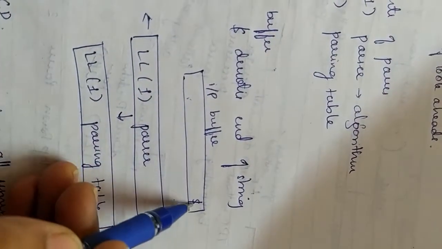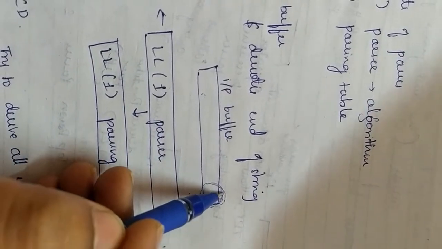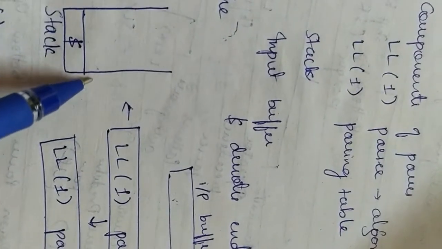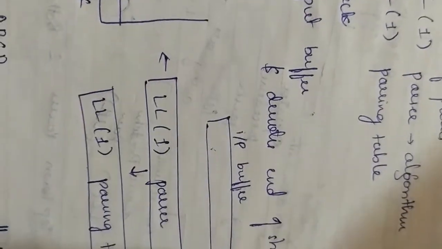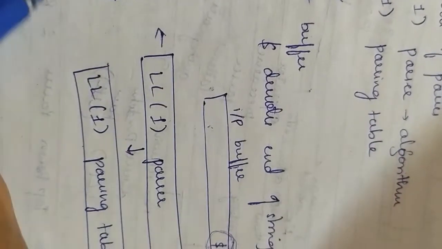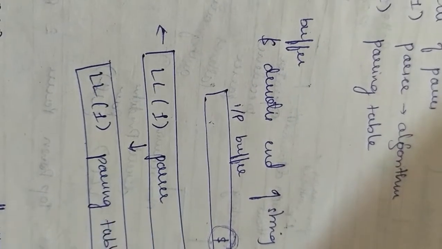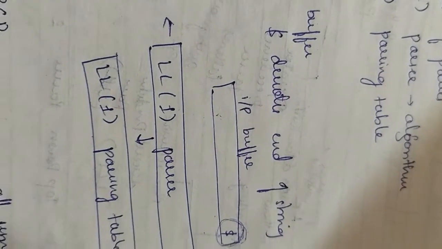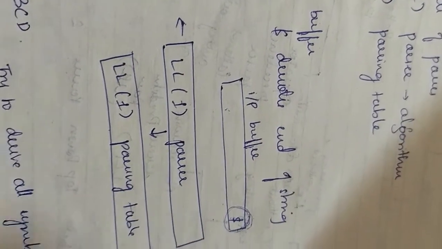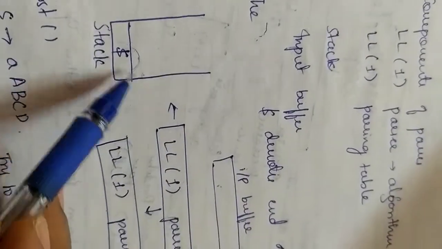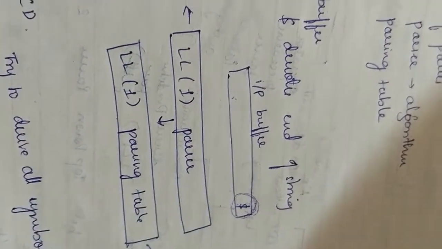This input buffer will always have a dollar symbol at the end, and the bottom of the stack will always have a dollar symbol. These dollar symbols indicate the end of input, and when to stop the parsing process.